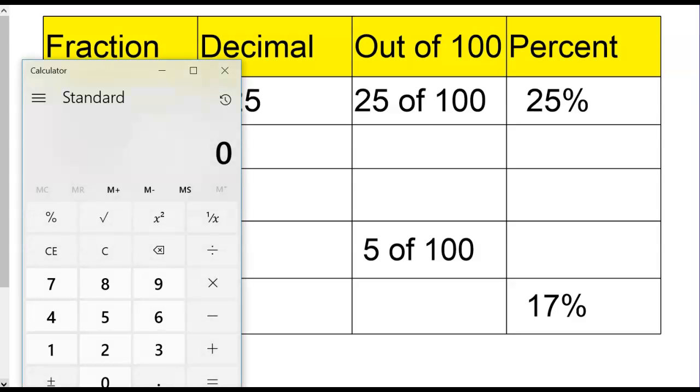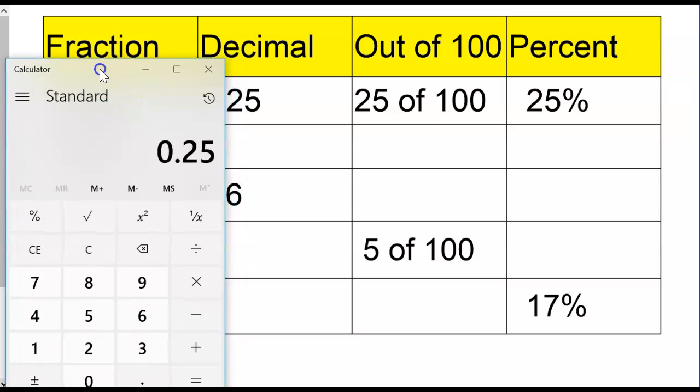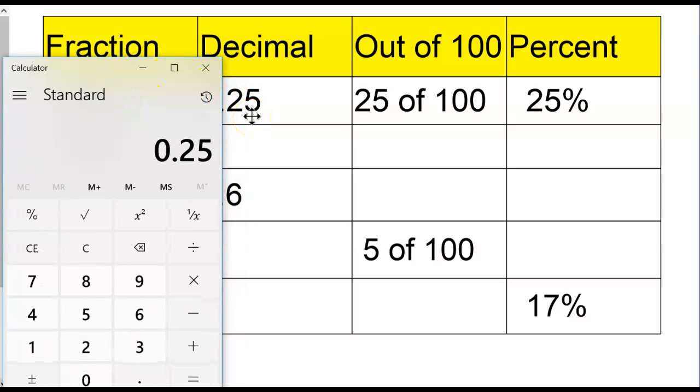And if I do that, I get 1 divided by 4, and that equals 0.25. So that's my decimal that I get for this problem. So that's how I convert that.